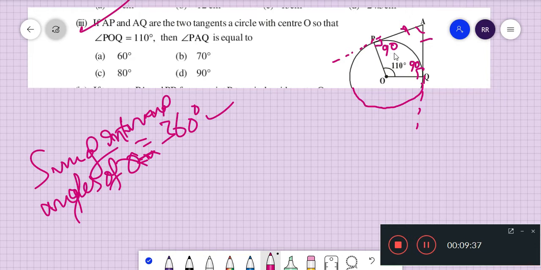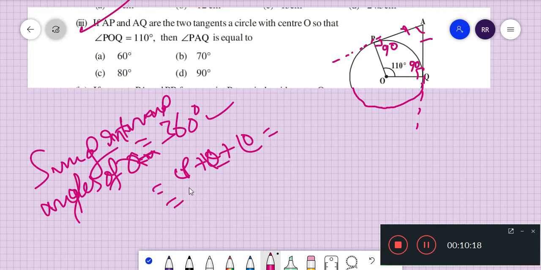So 90 plus 90, 180. 180 plus 110, 290. So in total, angle P plus angle Q plus angle O. I will write it here, don't confuse.